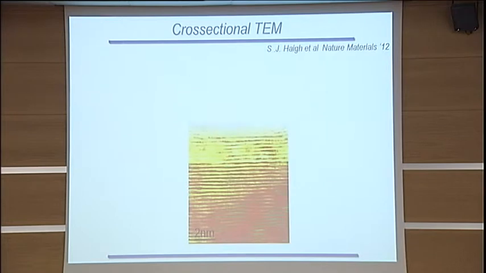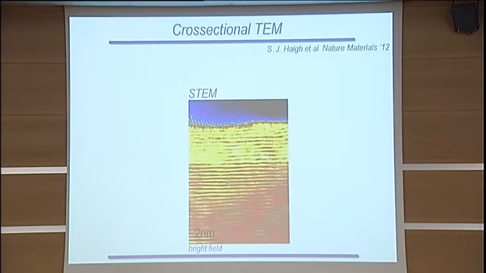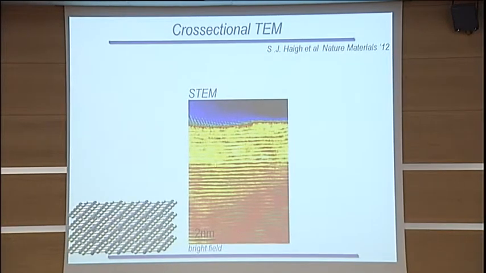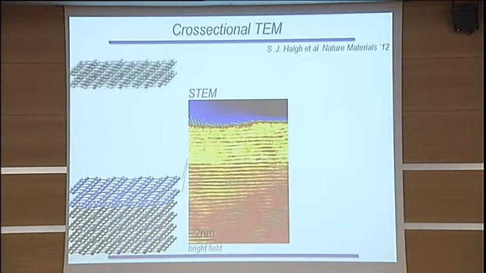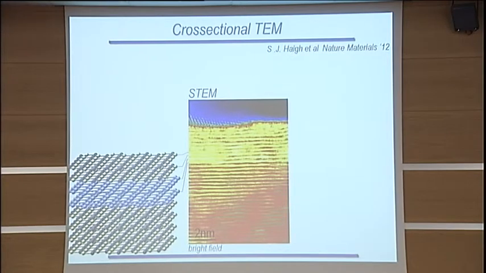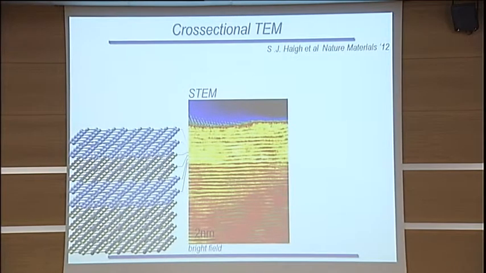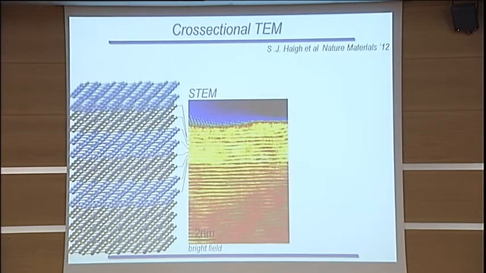Here is another example, just to flash a few nice pictures. It's a slightly more elaborate structure. We started with underlying boron nitride, and then we placed a couple of bilayer graphene, then bilayer boron nitride, and bilayer graphene, and then bilayer boron nitride, and then bilayer graphene again.